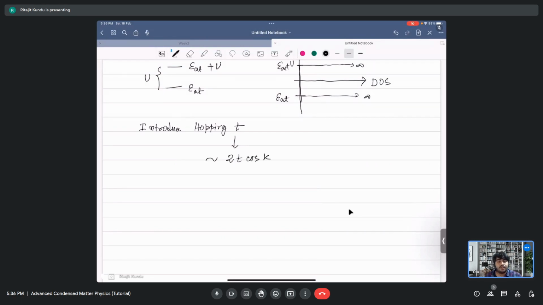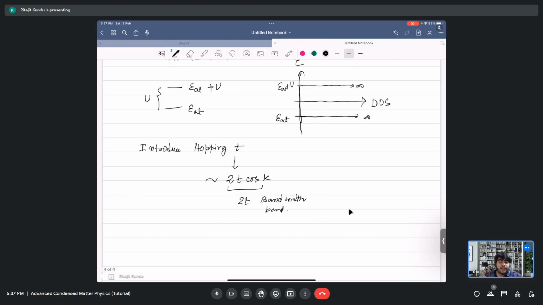As soon as you introduce T, that gives you a 2T bandwidth band, right?